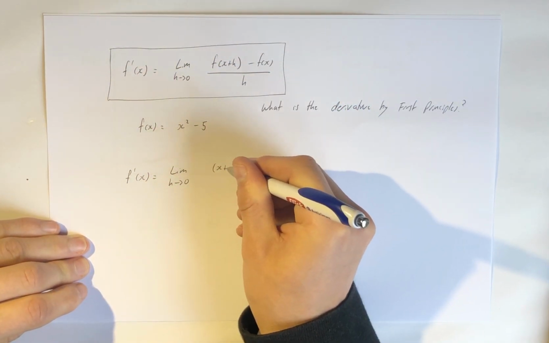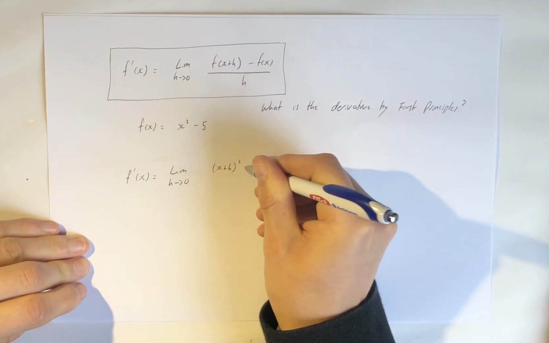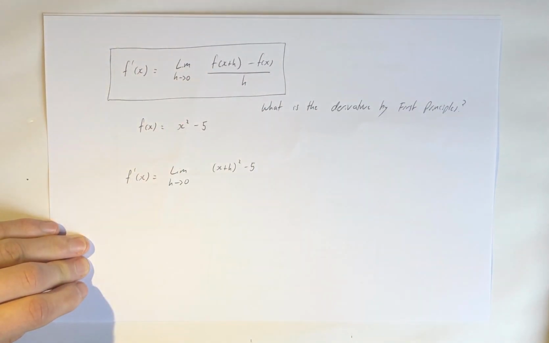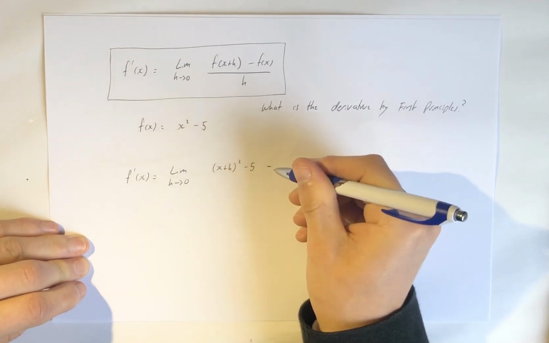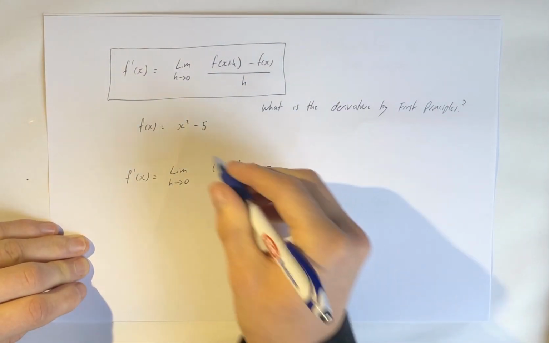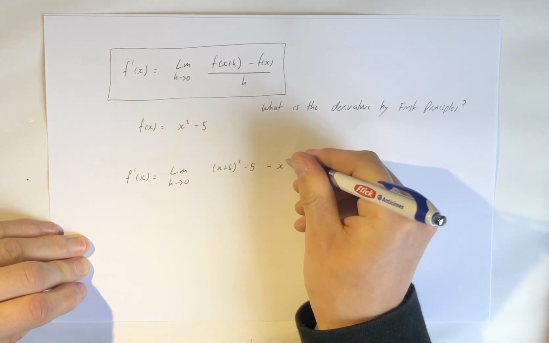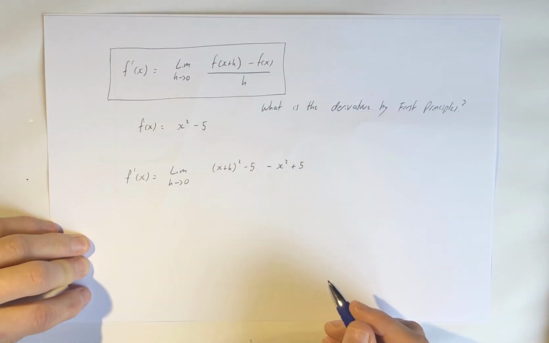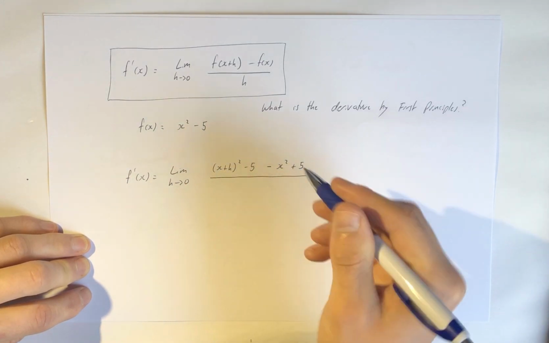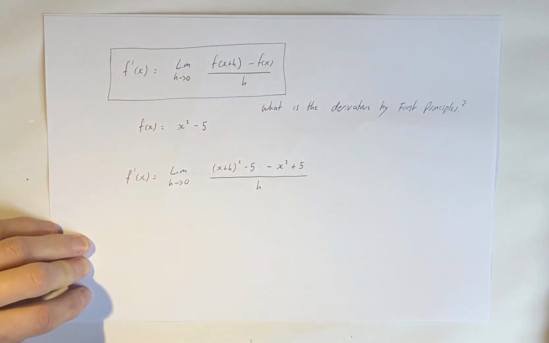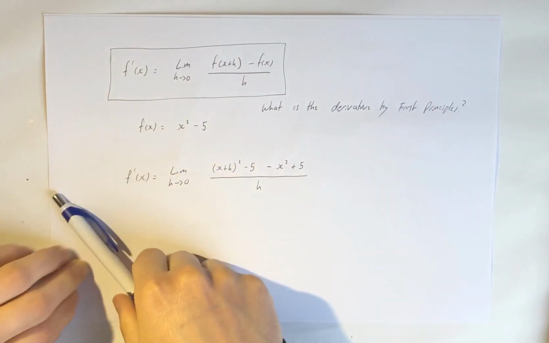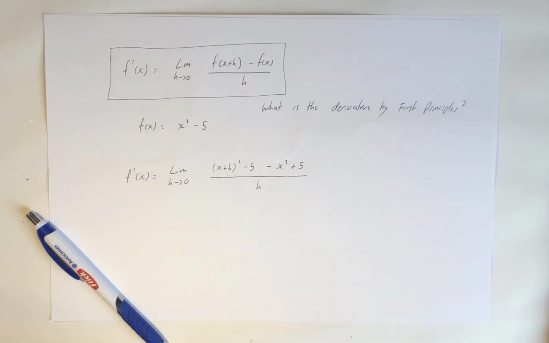So it's going to be x plus h squared minus 5. That's just f of x plus h. Now take away f of x. So take away x squared, and if you take away negative 5, you add 5, all over, and it's only h on the bottom. So here we have, where's my red pen?